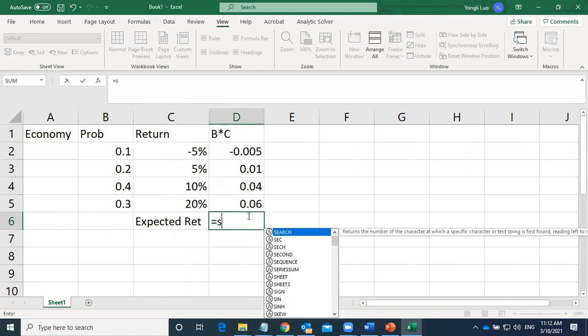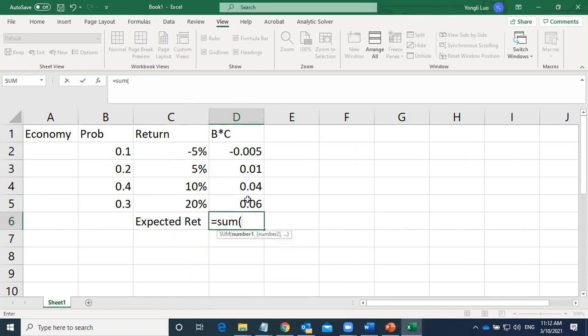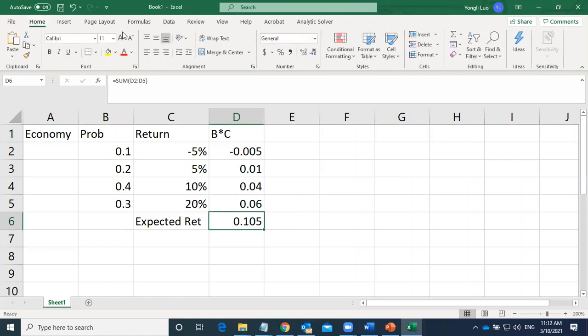the sum of the product. That is the expected return. You can see it's 0.105. If you change that to percent, that is going to be 10.5.